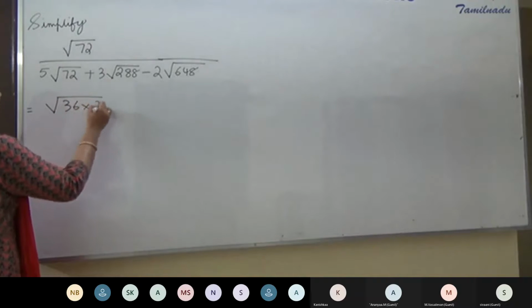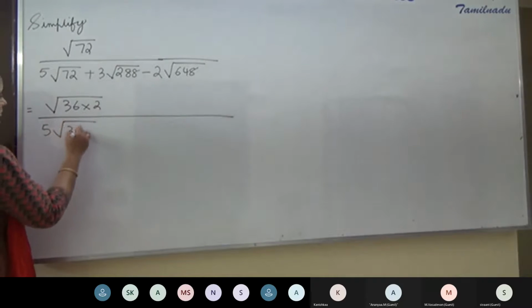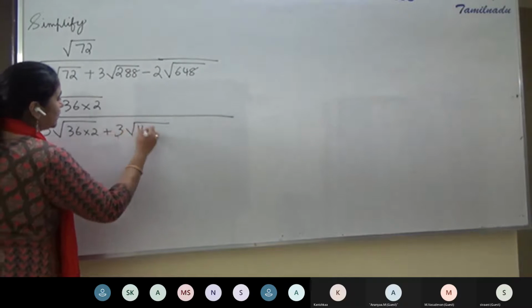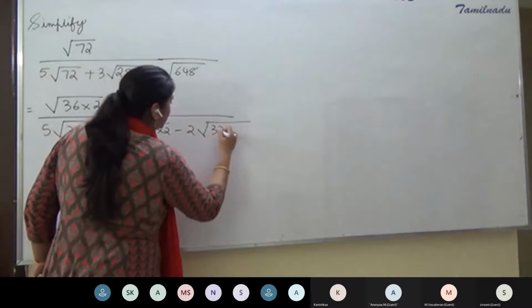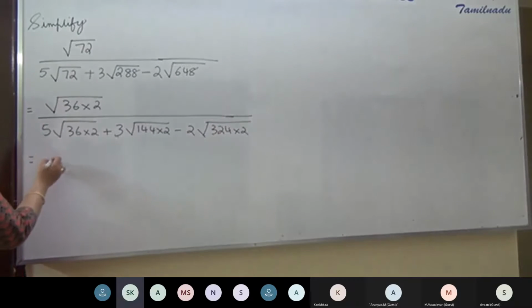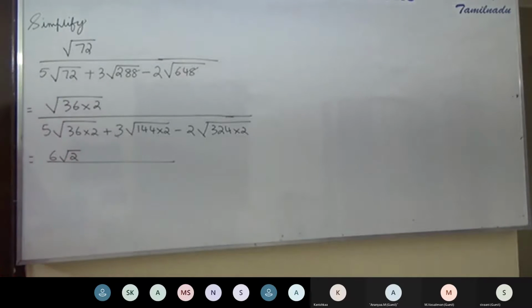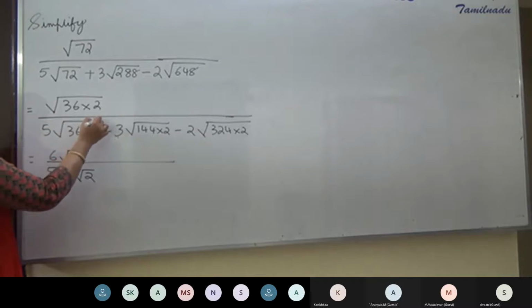So 36 into 2 like this, divided by 5 square root of 36 into 2 plus 3 square root of 144 into 2 minus 2 square root of 324 into 2. So this will be 6 root 2, because 36 comes out of the square root as 6.